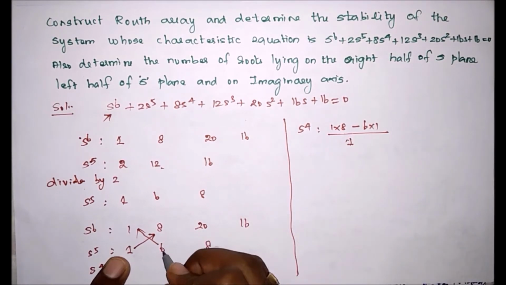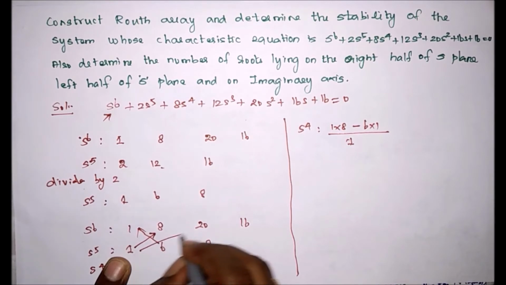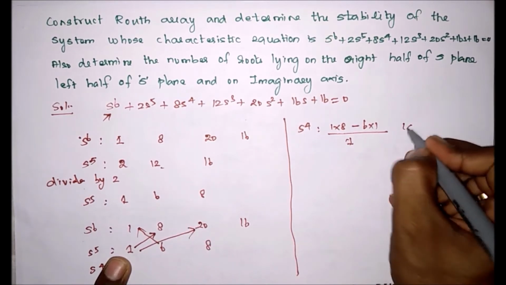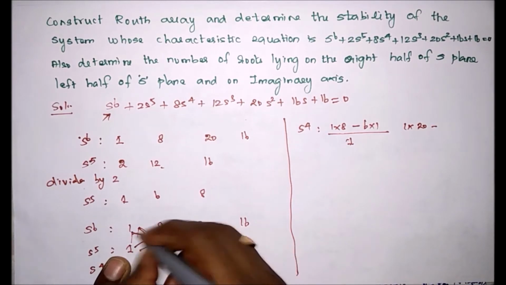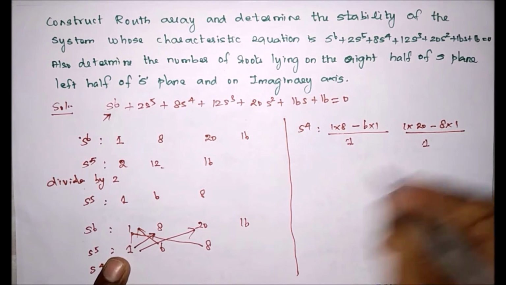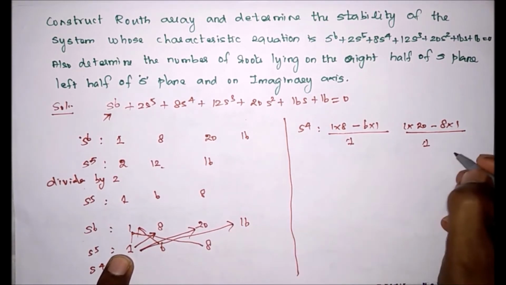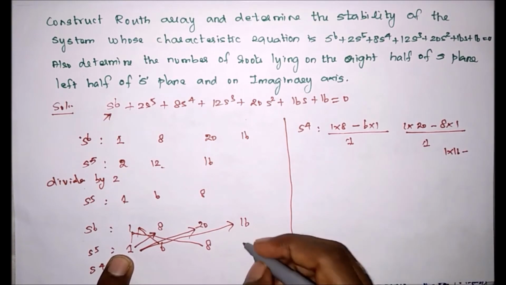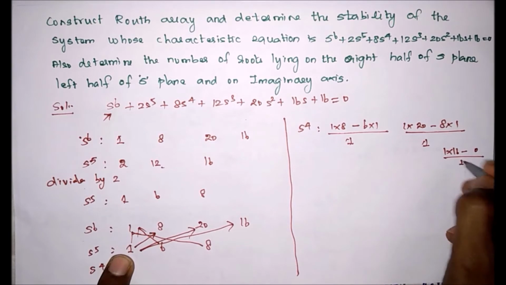Next, the same 1 multiplied with 20, minus 8 into 1, divided by the same 1. Then again the same 1 multiplied with 16, minus, here we consider 0, 0 into 1, divided by 1.